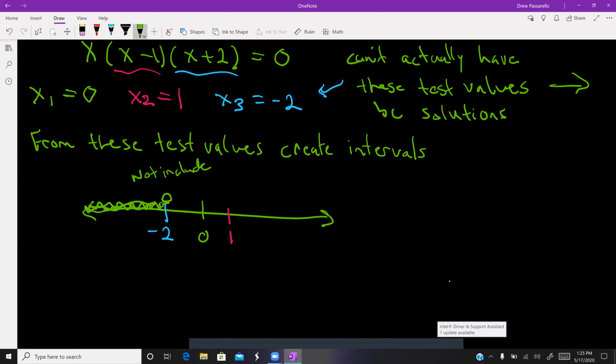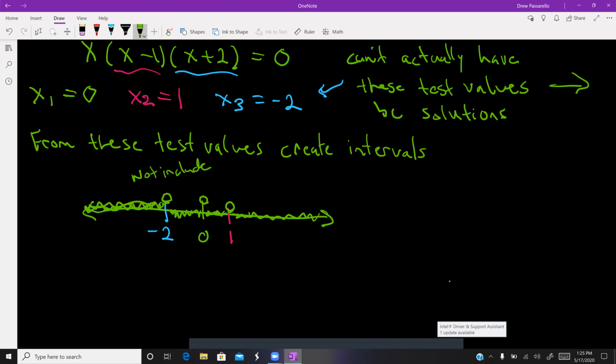All right, then possible scenarios, my other test value is 0, but I can't have it actually be 0 as my solution. So I can have everything that's in between the two. And then I can also have everything that's between 0 and 1. So that's going to be an open dot around 1. So everything that's in between there. And then I have everything that's to the right of 1.